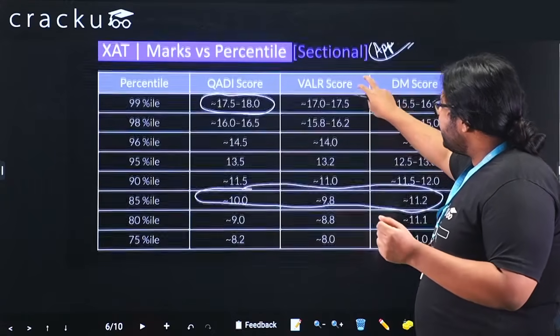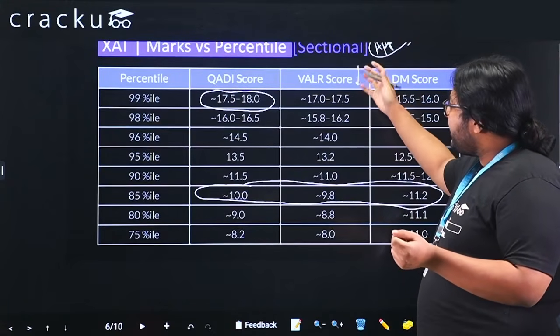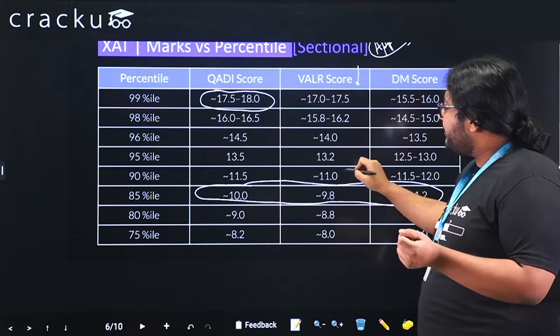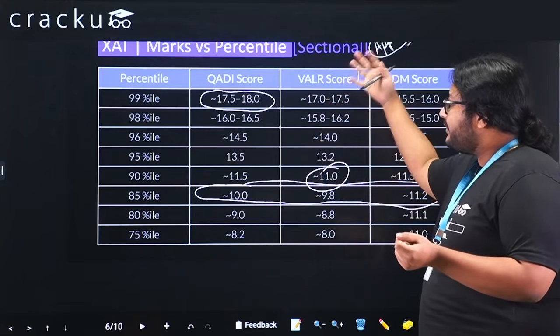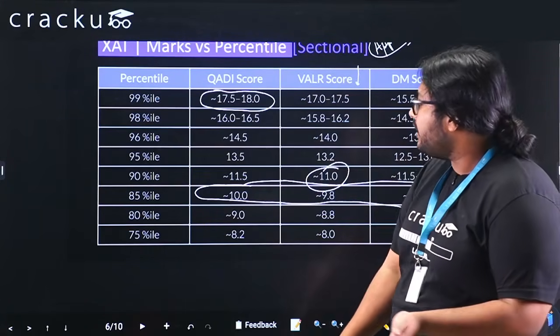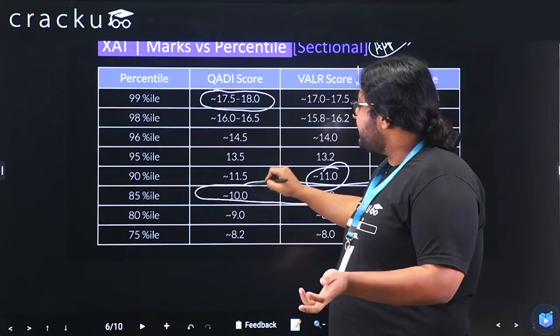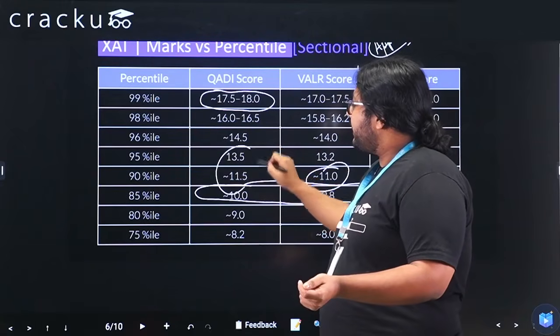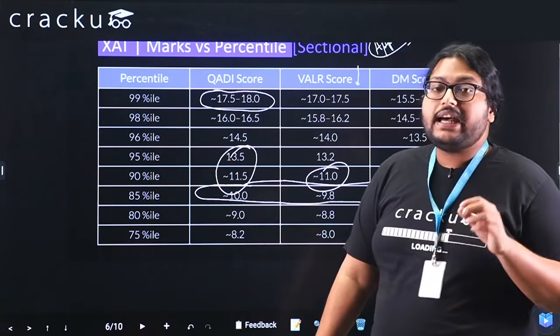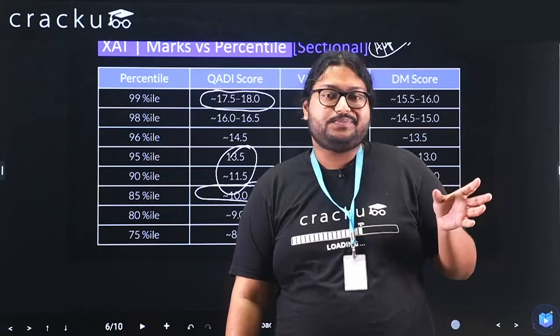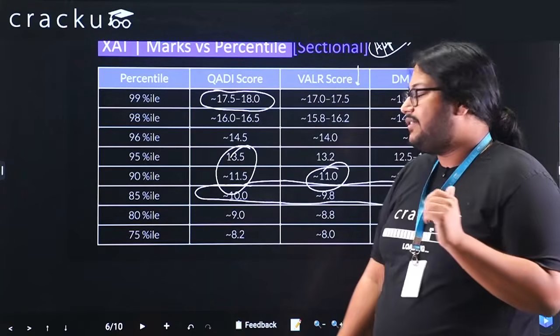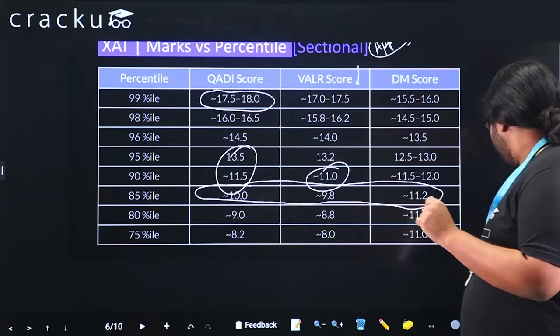But VRC or VALR, that remains somewhat fixed. Anything above 10, like an 11 or something, should be enough to clear the cutoffs. Similarly for quants, anything above 10 or 11, like a 13 or so, should be enough to clear the cutoffs for XLRI.